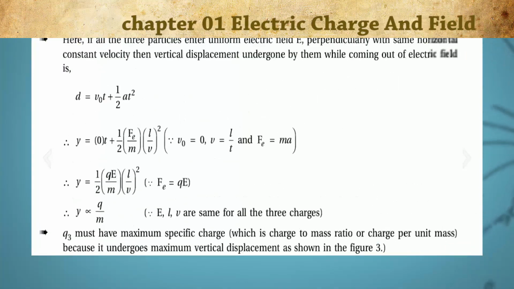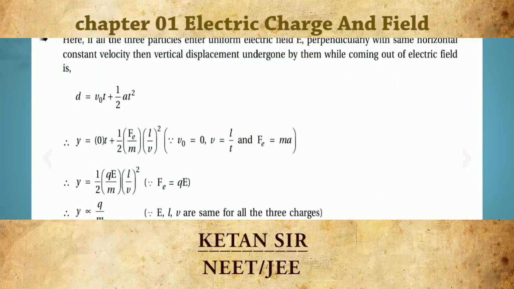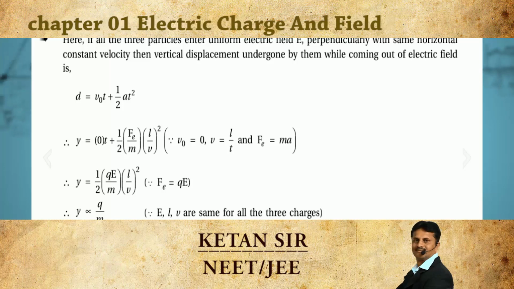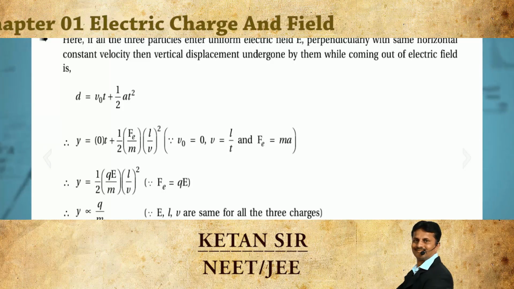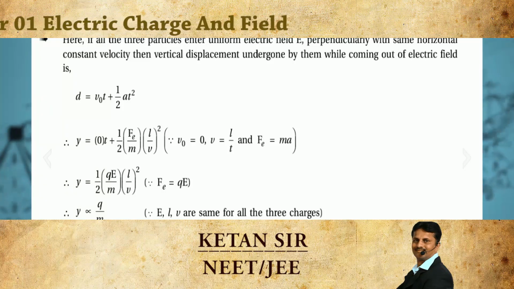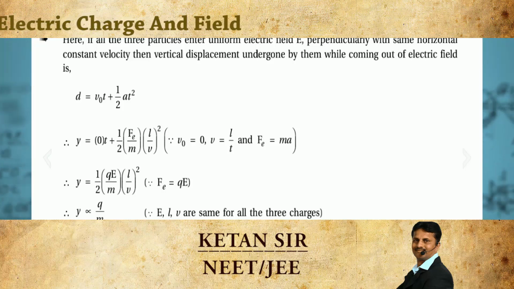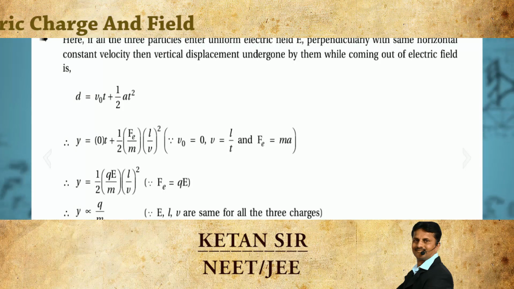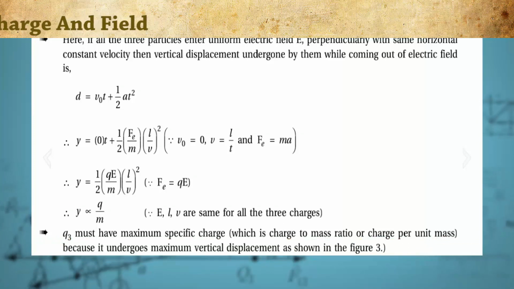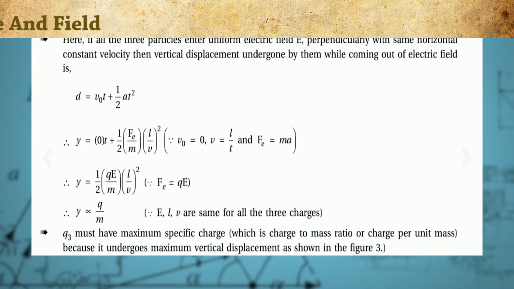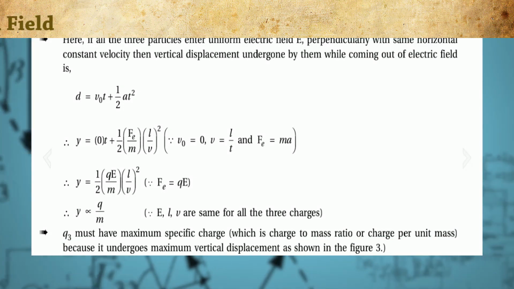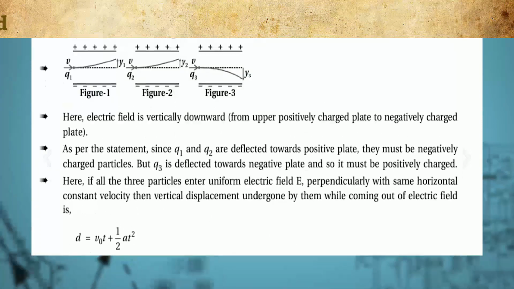Then you write the answer: Q3 must have the maximum specific charge, which is charge to mass ratio or charge per unit mass, because it undergoes maximum vertical displacement as shown in the figure.